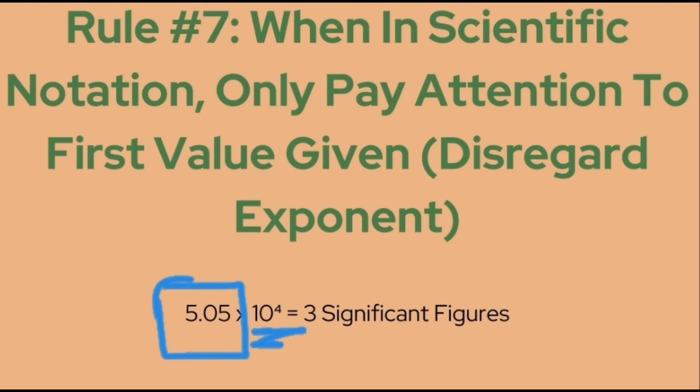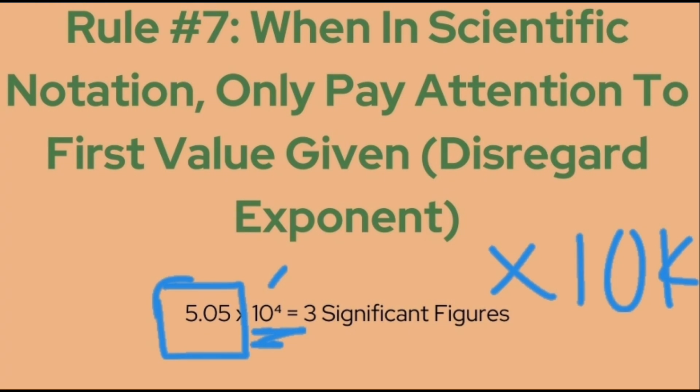This is because that 10 to the 4th is actually just multiplying it by 10,000, and multiplying by that value does not change the significant figures. If you had that 505 in a number, the 5 would be significant, and the 0 would be significant because it's in between 2 non-zero digits, so you would still have 3 significant figures despite all of the trailing zeros after. This is why this number will have 3 significant figures.